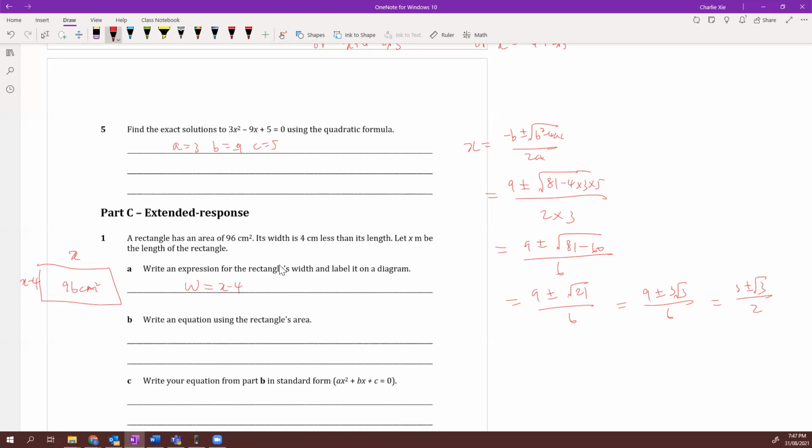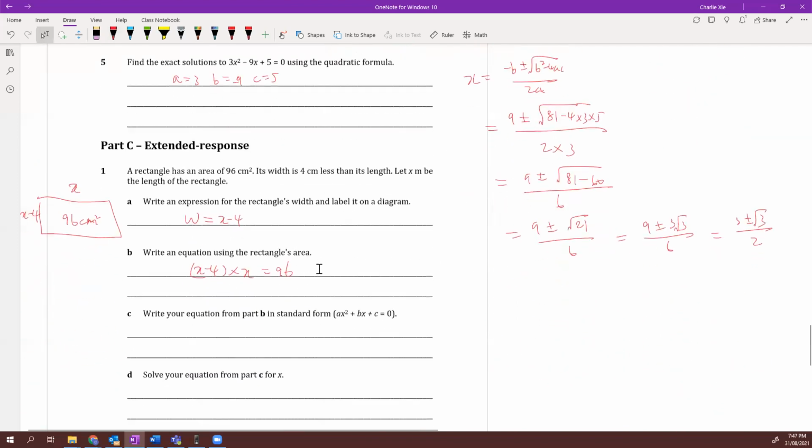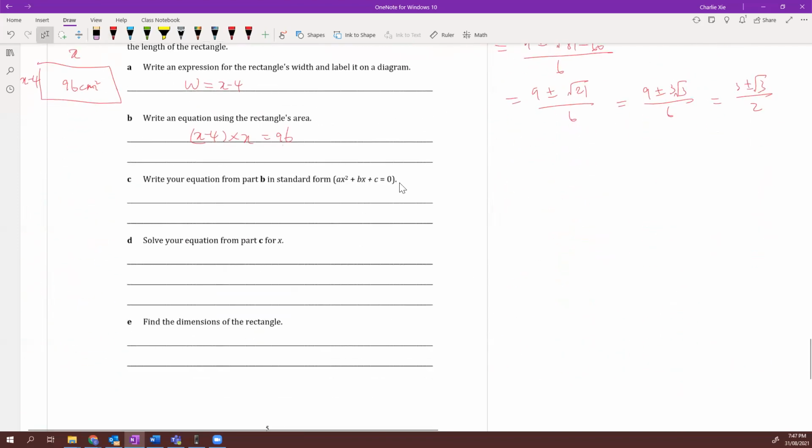Okay, write an equation using the rectangle's area. Area equals length times width. So x minus 4 times x is equal to 96. Okay, that's the equation. Write the equation from part B in standard form. Standard form tells us we need to move all the terms to one side and leave 0 on the other side.